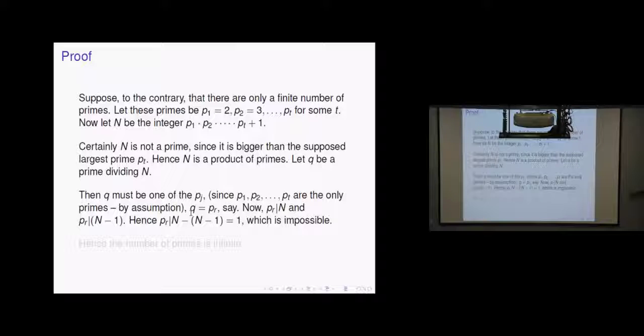Now this p sub r divides n, and also p sub r divides n minus 1, because n take away 1 is the product of these, and p sub r is somewhere here. So p sub r will divide the difference of the two numbers, which is n minus (n minus 1), which is 1. So p sub r will divide 1, but that's not possible because p sub r is a prime number.